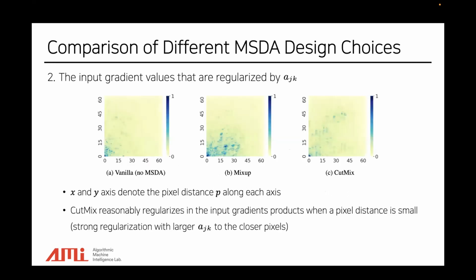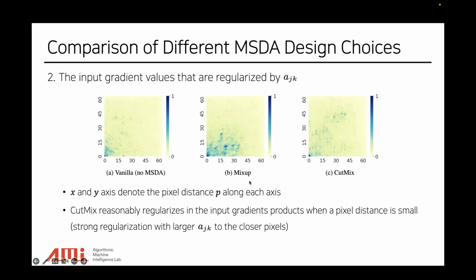And the second one is the input gradient value. This figure also has x and y axes, which denote the pixel distance along each axis. And note that this figure does not show the accuracy of the model, but the input gradient values.